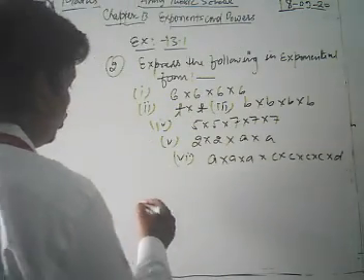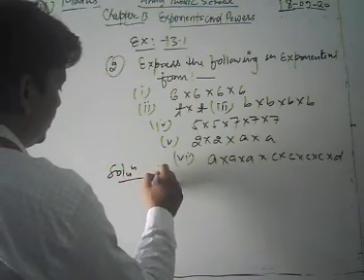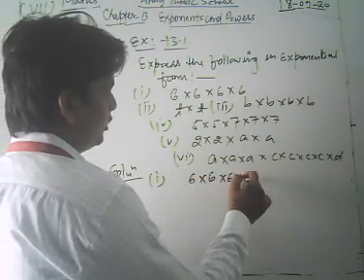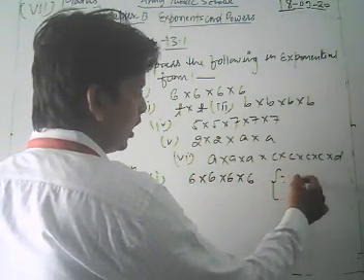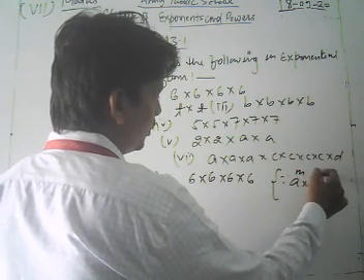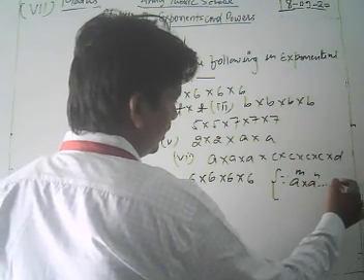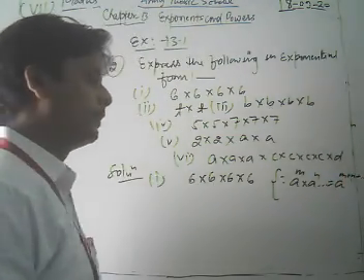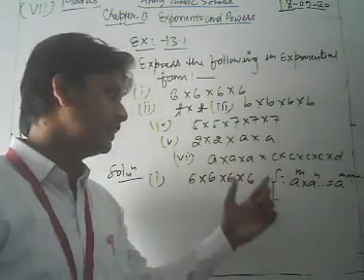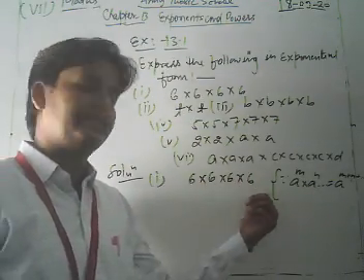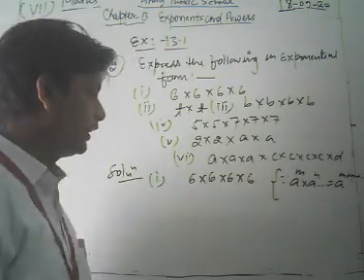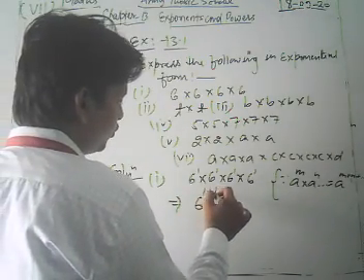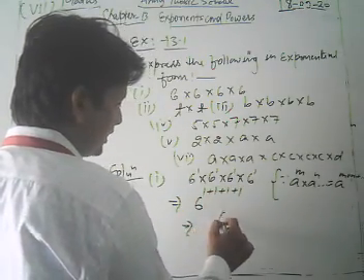Now we take and solve the first part of this question: 6 into 6 into 6 into 6. Dear student, we know the laws of exponents: a to the power m into a to the power n is a to the power m plus n. So if the bases are equal, then the powers are added. Here the base 6 is the same and each power is 1, so we get 6 to the power 1 plus 1 plus 1 plus 1, which is 6 to the power 4.